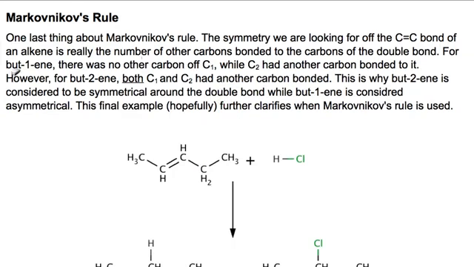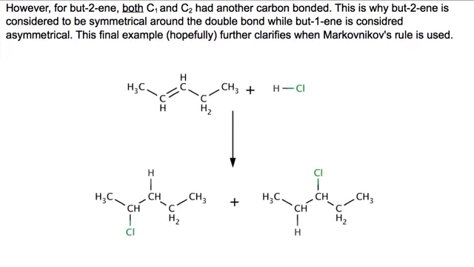So, one last thing about Markovnikov's rule. The symmetry we're looking at is really the symmetry of the carbon-carbon double bond, and that's what I explained at the beginning. It's the number of carbons bonded to the carbons of the double bond. So this final example hopefully clarifies a little bit about what happens with Markovnikov's rule.